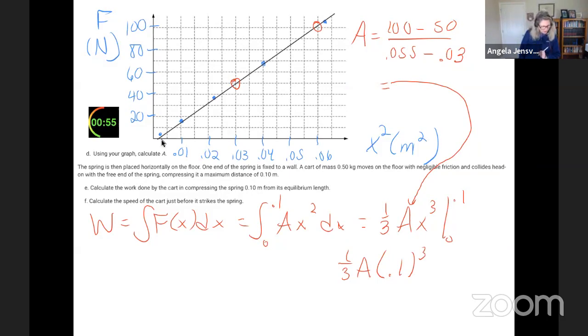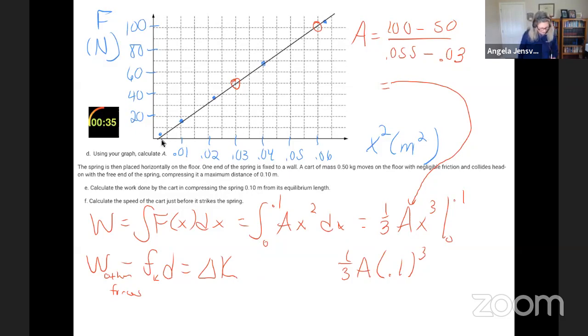And then the speed of the cart just before it strikes the spring, you would do work done by other forces minus kinetic friction times D equals change in kinetic energy. So you can use this expression.